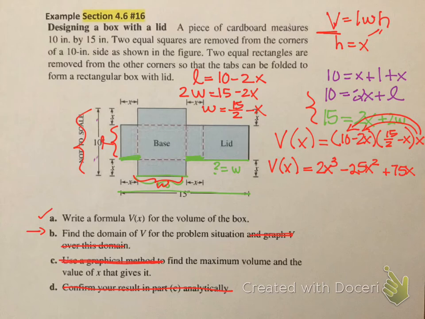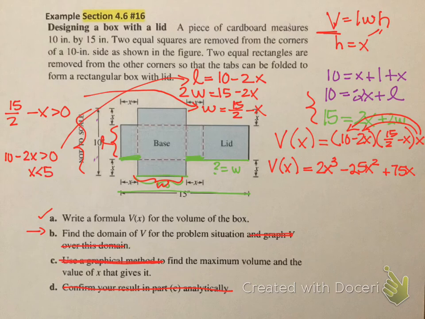So that means that both 15 halves minus x has to be greater than 0, and 10 minus 2x has to be greater than 0. The second one is super easy to solve. We would come up with x is less than 5. Up top, I would get x is less than 15 halves, so I'm going to write that as 7.5.